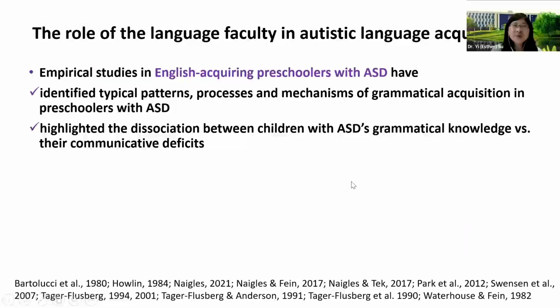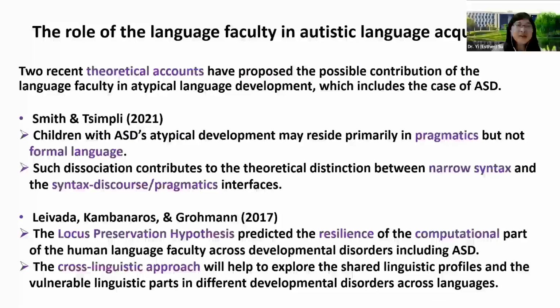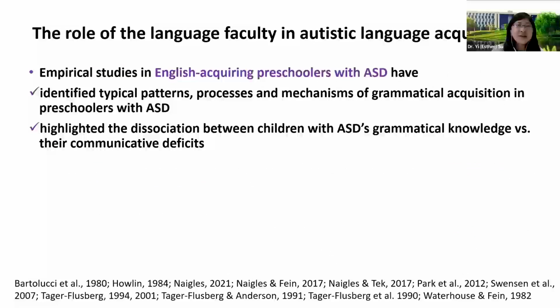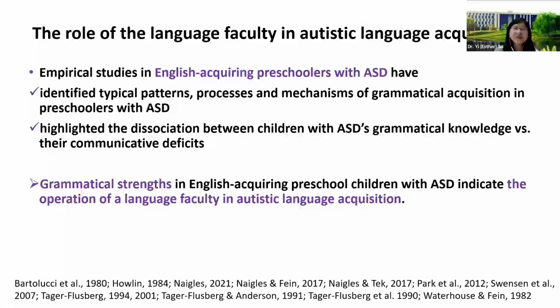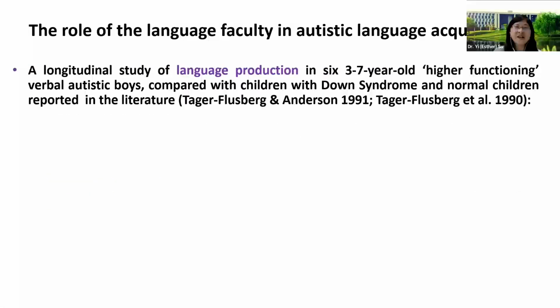Also, previous empirical studies of English-acquiring preschoolers with ASD have identified typical patterns, processes, and mechanisms of grammatical acquisition, like what I mentioned in Smith, and the simplest conclusion is that these children may have grammatical strengths, which indicate the operation of a language faculty in autistic language acquisition. So I'm going to show you two important groups of studies.